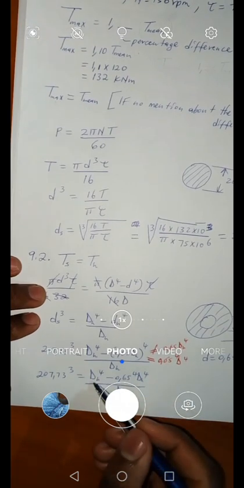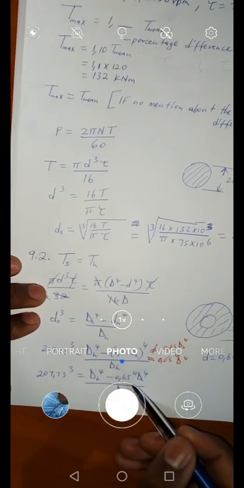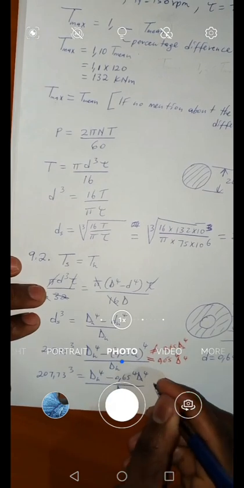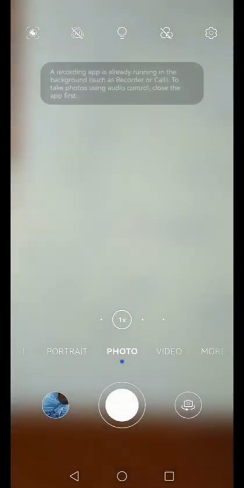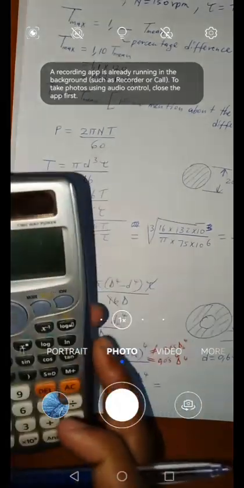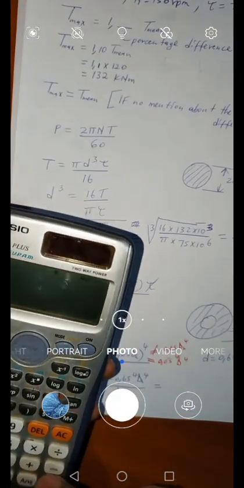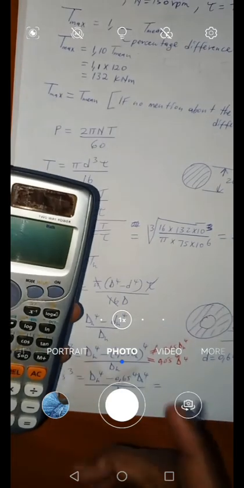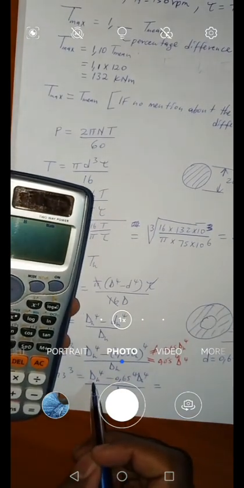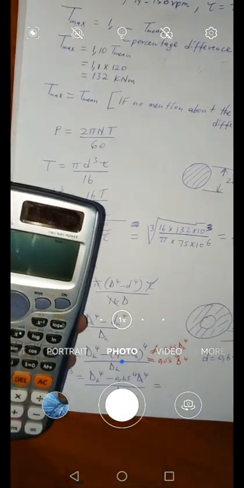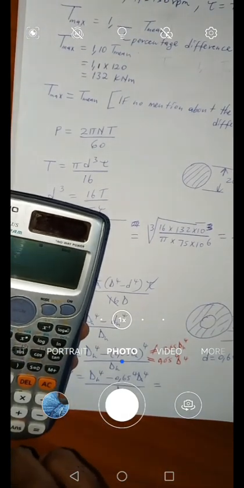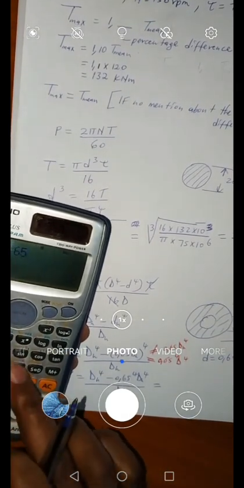So this one and this one are like terms. Then we can sum them. Then you will have 1 d to the power 4 here. You will have this. Then you will say 0.65 to the power 4.